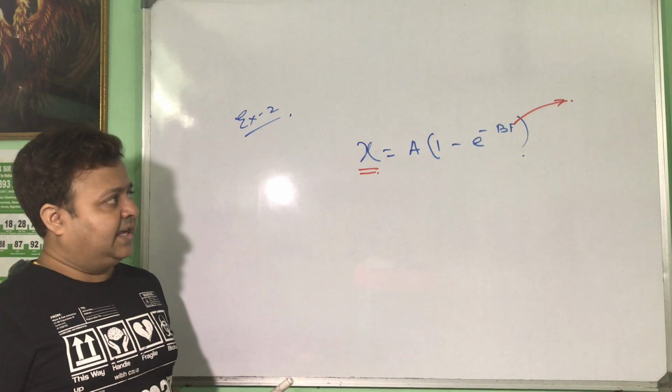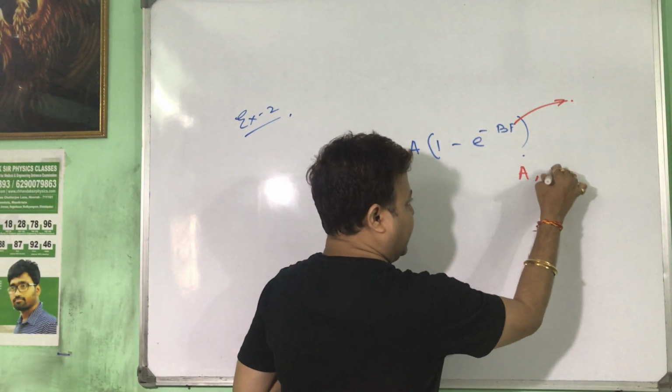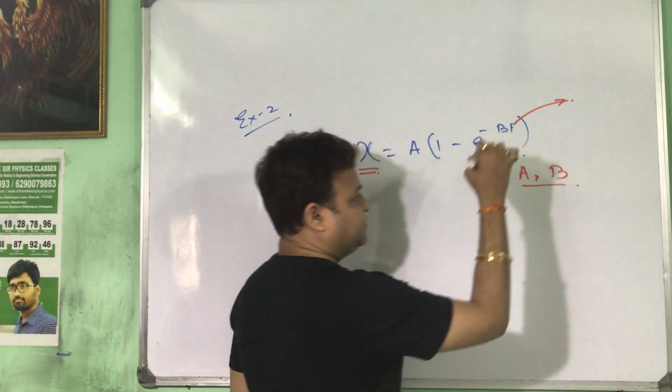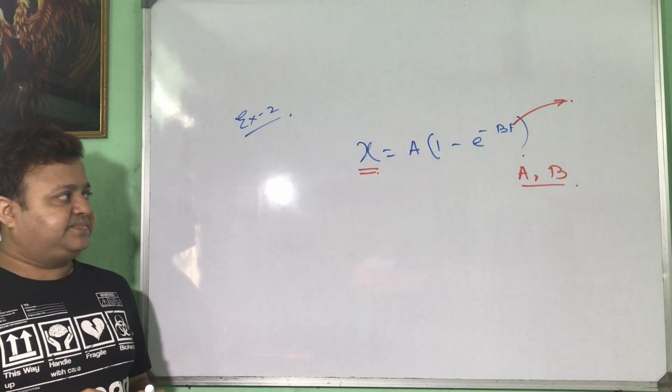We have to find the dimension of a and b.